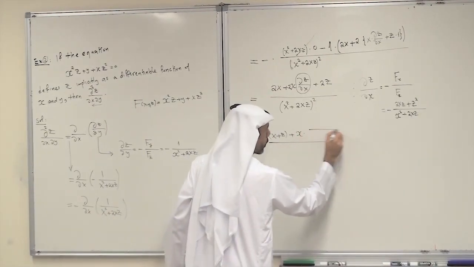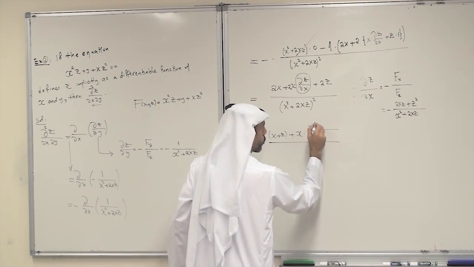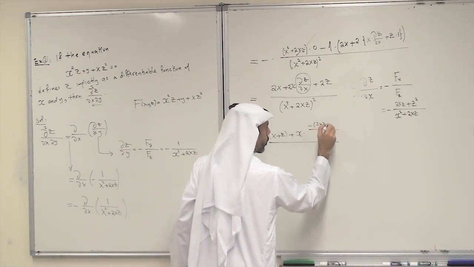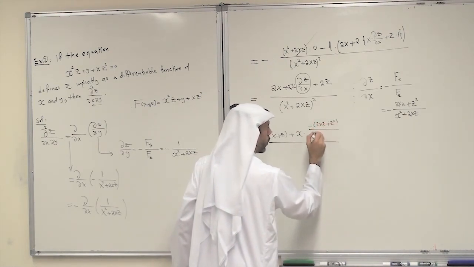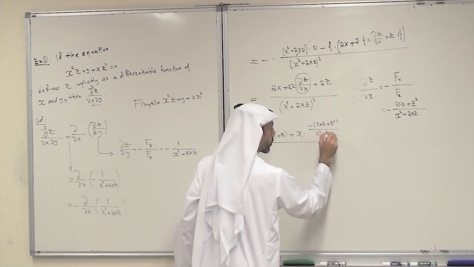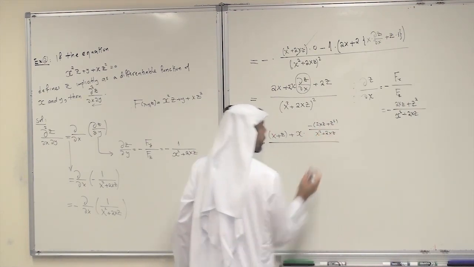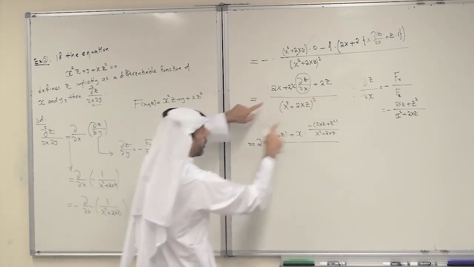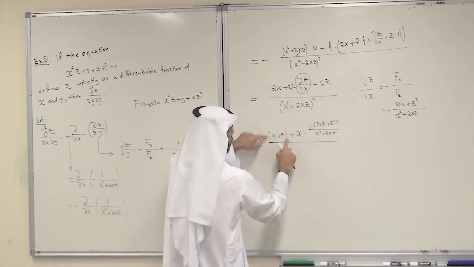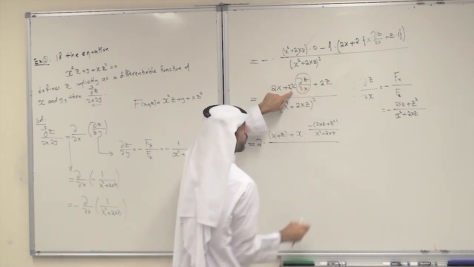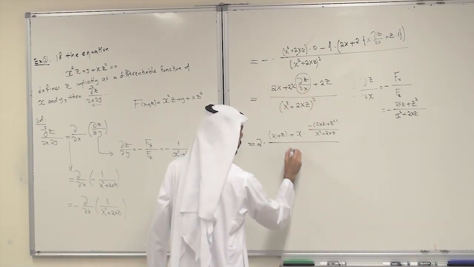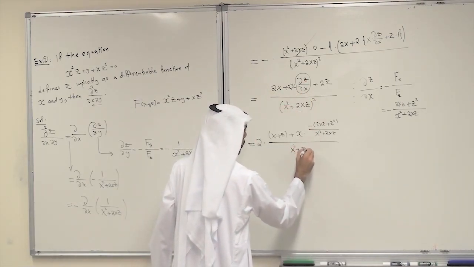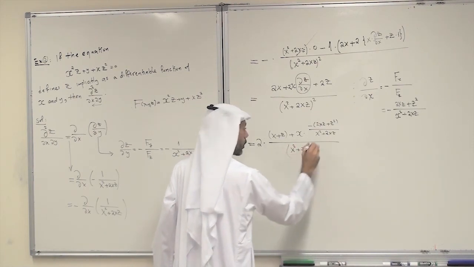So this is just minus 2xz plus z squared over x squared plus 2xz. The 2 is out. I remain with x plus z plus x times partial z partial x over x squared plus 2xz all squared.